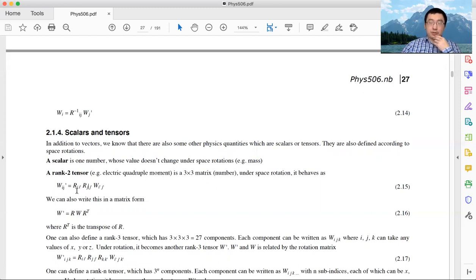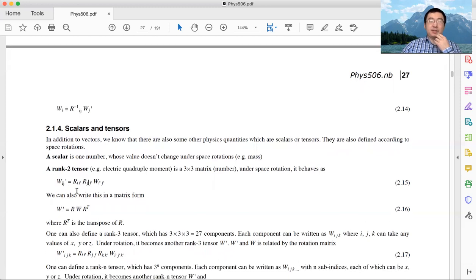So the bottom line: in physics, we classify quantities into different groups. We classify them into scalars, vectors, rank 2 tensors, rank 3 tensors, etc. And this classification is not purely based on how many numbers we write together.